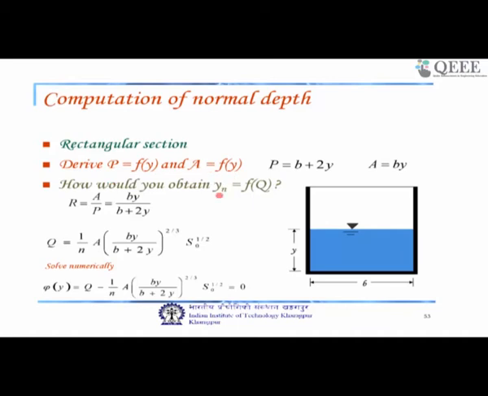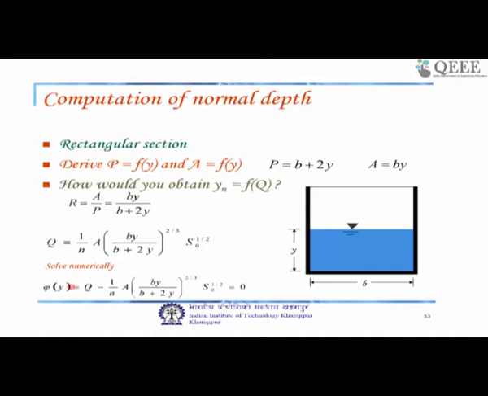So, how to get yn or normal depth? yn can be written as a function of Q. R we can represent as A by P, which is b y by b plus 2y, and Q as 1 by n A, the area, R to the power 2/3, and S to the power half.